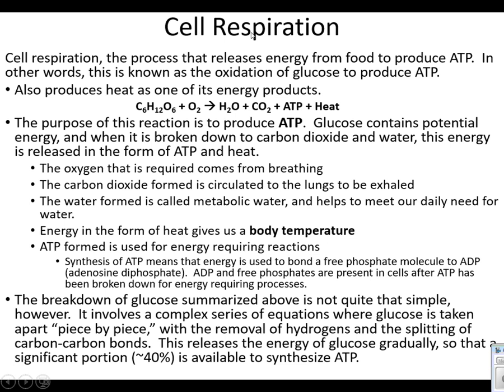And then that ATP that is formed can be used for anything that requires energy. And we've talked about several things this semester that require energy. We just talked about active transport, where you pump something against its concentration gradient. That's a transport process that requires energy. Mechanical forms of movement require energy.